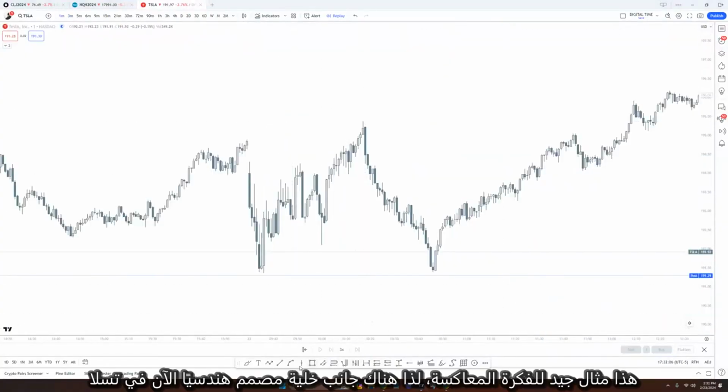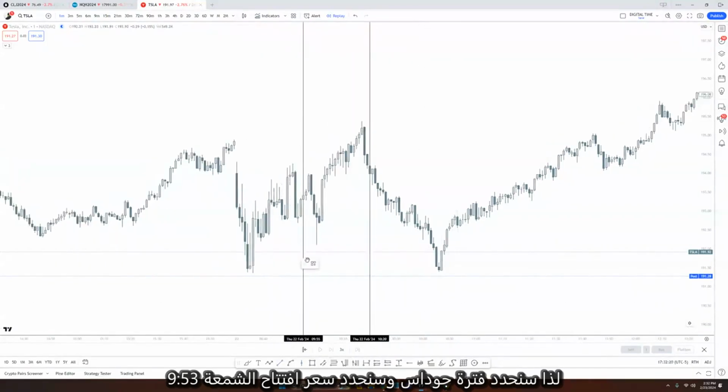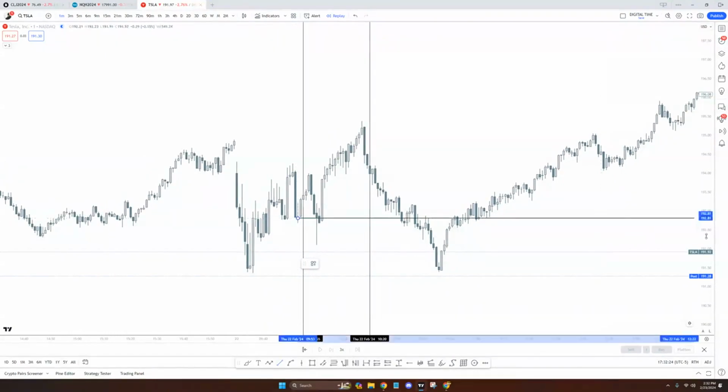Here's a nice example of the opposite idea. So there's engineered sell side now on Tesla. So we'll mark that Judas interval. We'll mark the 953 candle, opening price.